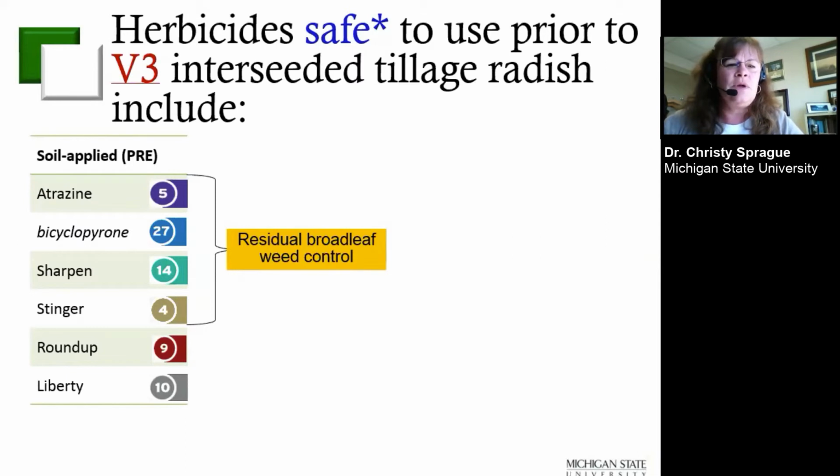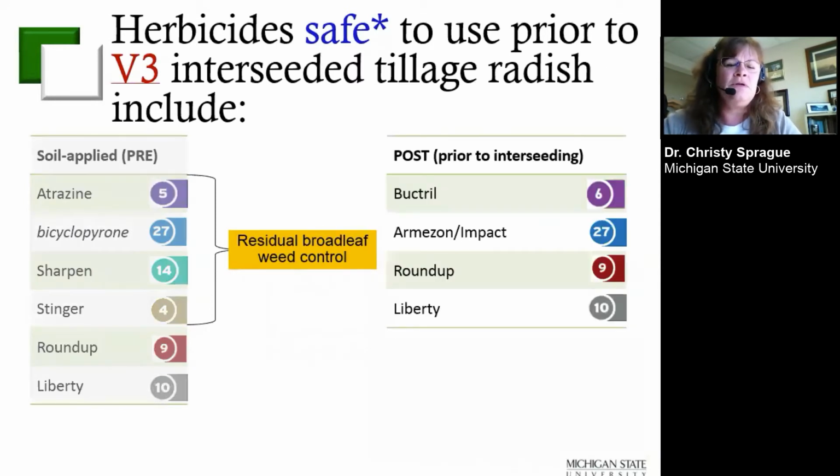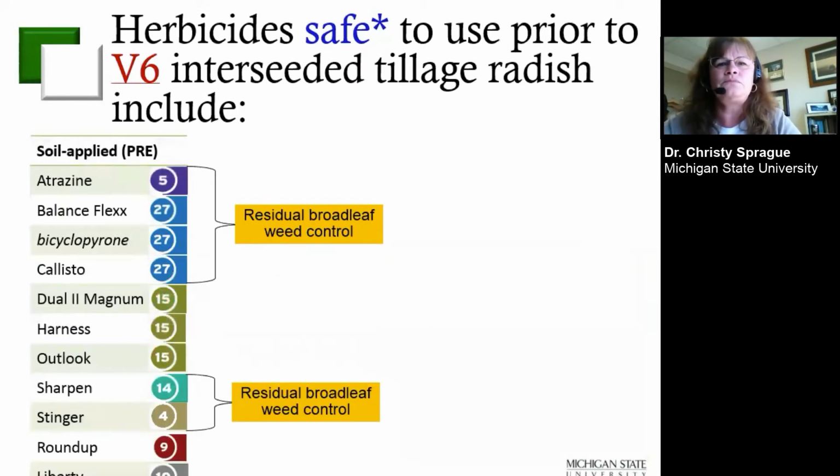And then also we have our non-residuals, which would be the Roundup and the Liberty. From a post-emergent side, again, Buctril looked good from a V3 interseeding timing. So these herbicides, again, were applied prior to tillage radish being interseeded. Buctril, Armezon, also sold as Impact, Roundup, and Liberty were all safe.